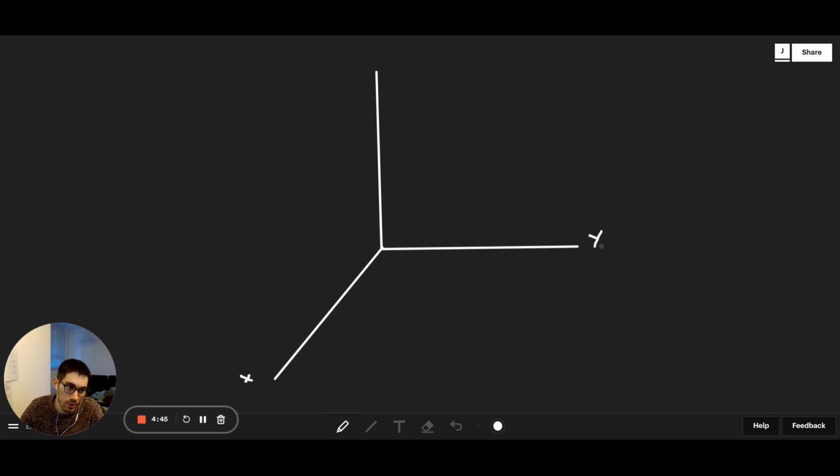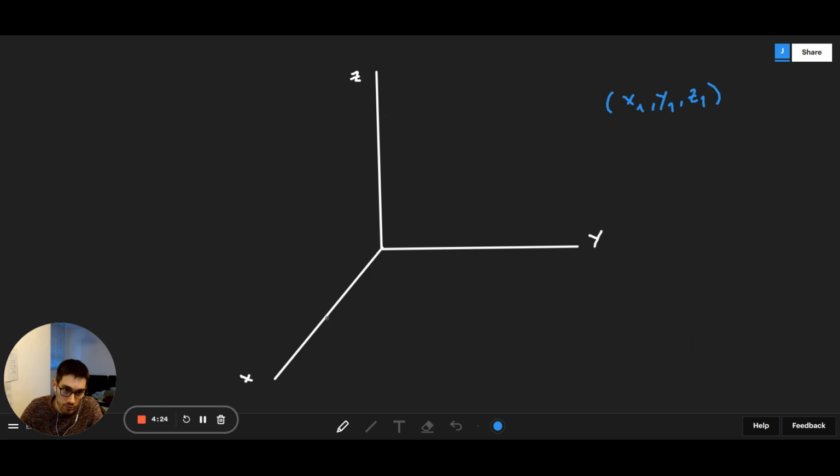Okay, to start with, let's draw a coordinate system. So let's draw the three axes and let's label them as X, Y, and Z. And to determine a point on this coordinate system, we only need three coordinates, which we are gonna call X1, Y1, and Z1.